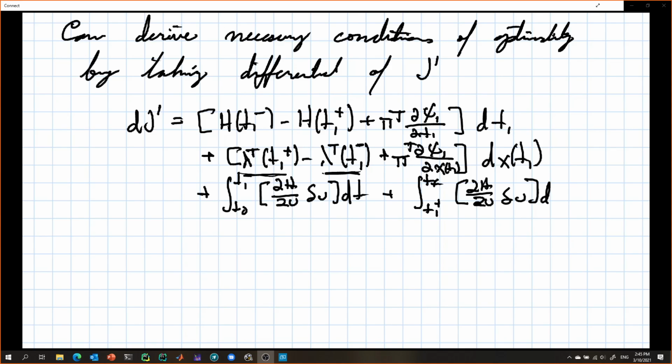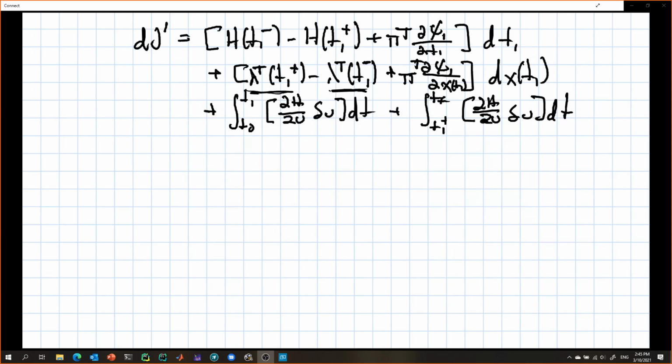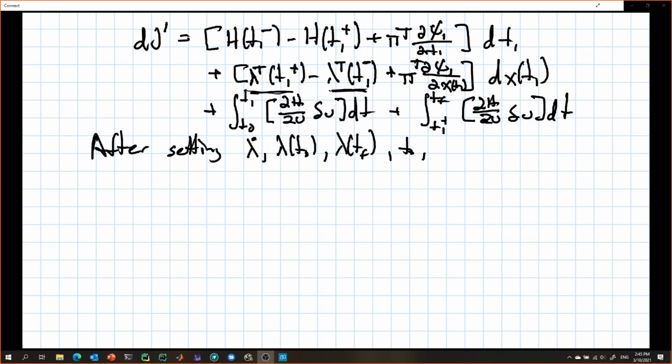And I guess I should have said this before, this dJ prime is after setting lambda dot and the other boundary conditions for lambda at T naught and TF. So if you remember that we had all the other necessary conditions, this dJ prime is what results after you already set all those equal to 0.